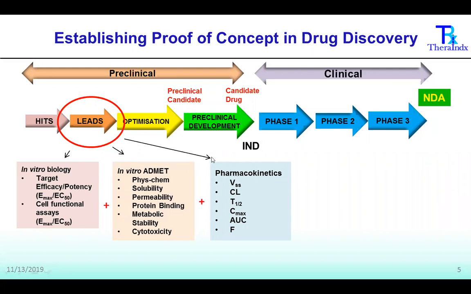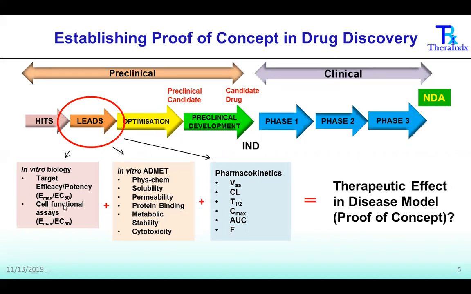But one point which is often not investigated is the relationship, or the structure activity relationship, between the molecule of interest and its pharmacodynamic activity. So what I'm trying to say in the slide is: the combination of in vitro potency, drug-like properties, and optimal pharmacokinetics, do they result in the therapeutic effect in the disease model? This is what we call proof of concept.